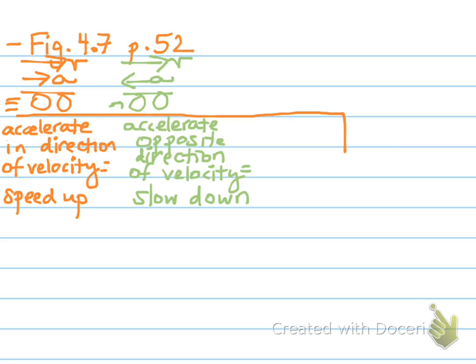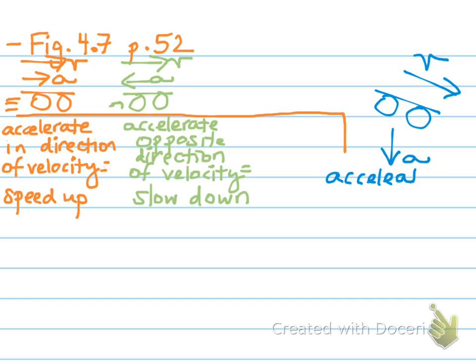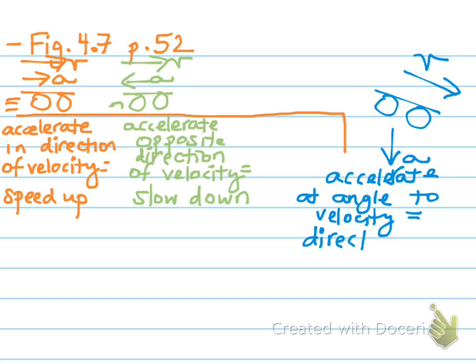The last picture is the car's gone over the cliff. My velocity is downwards. My acceleration is straight down. Here we are accelerating at an angle to our velocity, which means we have a direction change.